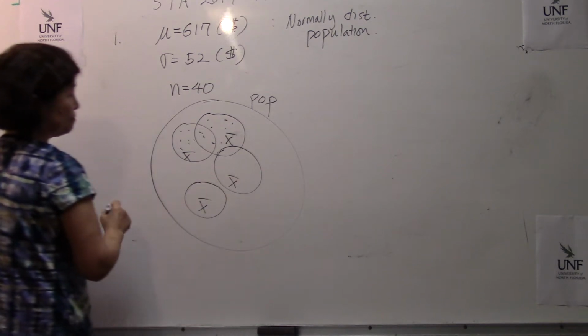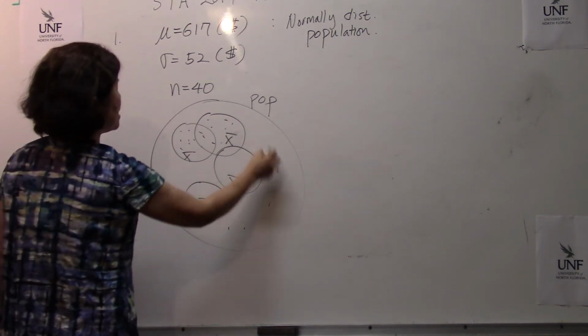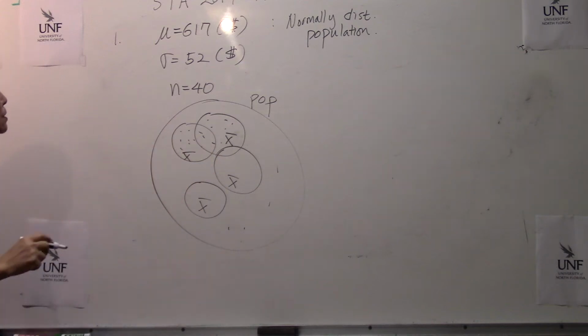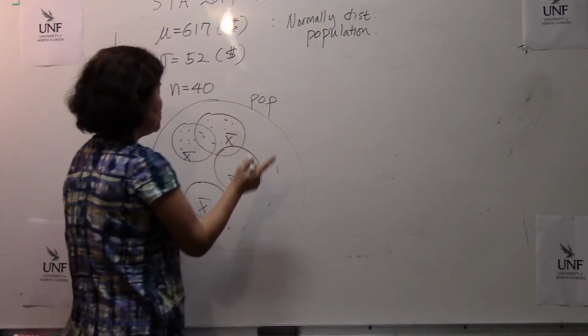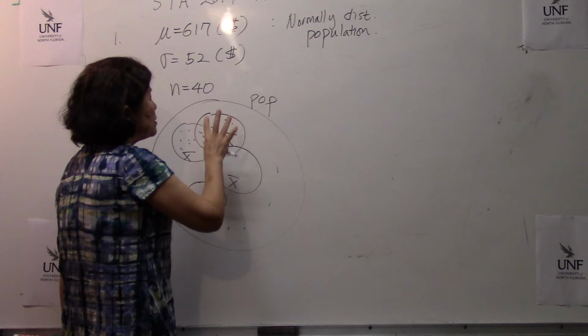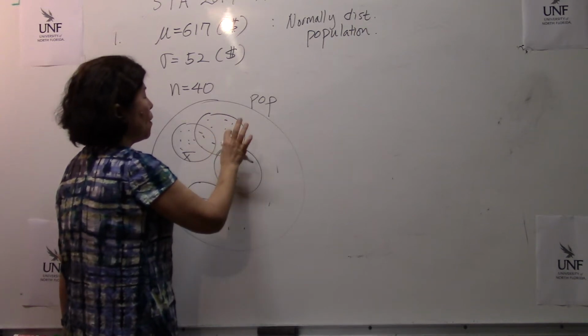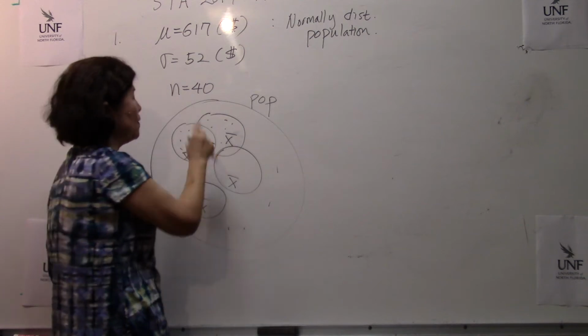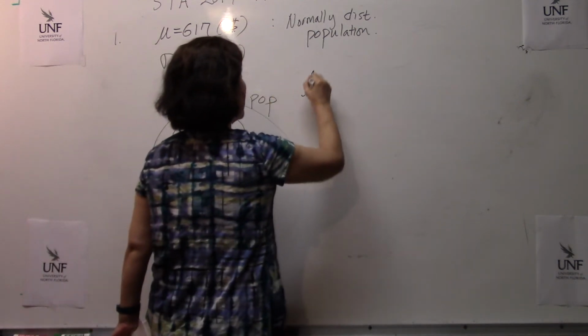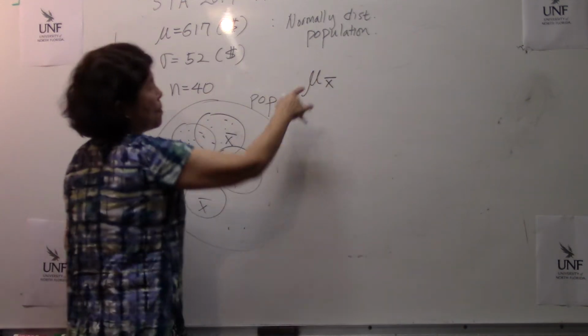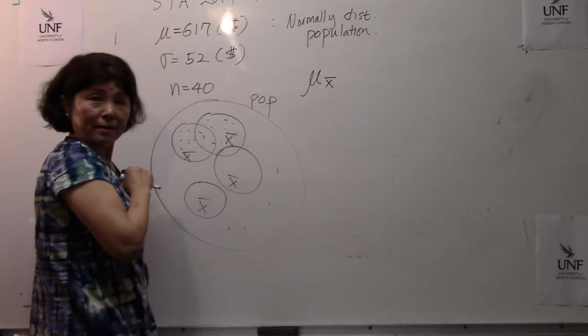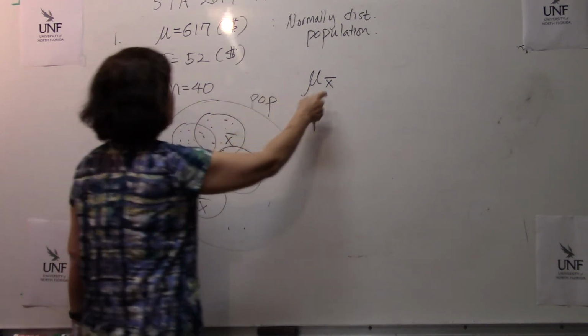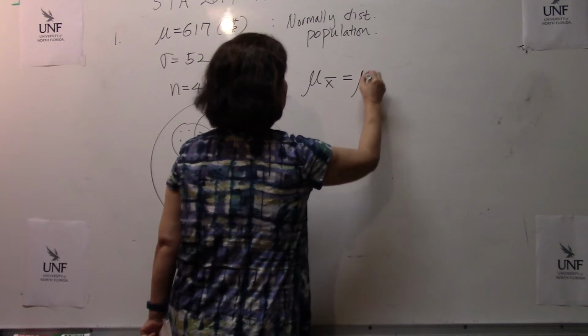Of course you can make a lot of samples. So here sampling distribution means the distribution of these x bars, not x's, okay? Distribution of x bars. So when you take the mean of those means, get it? The mean of the means is the same as just mu.